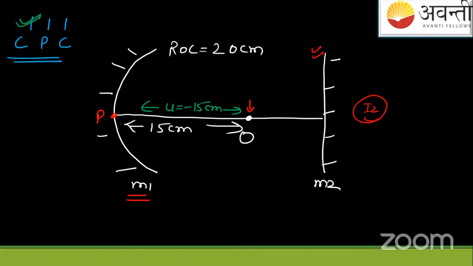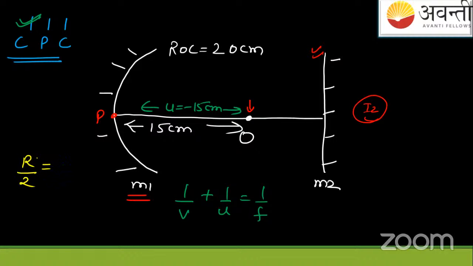You know why I took this minus? Because we're going against the rays of this object. So now use the mirror formula: 1 by V plus 1 by U equals 1 by F. Since it's a concave mirror, the focus of a concave mirror, is it negative or positive? Any one of you? Sir, we don't know. So it's like this: R by 2.